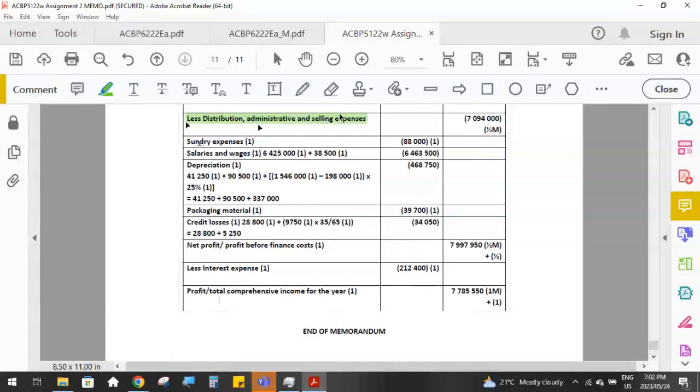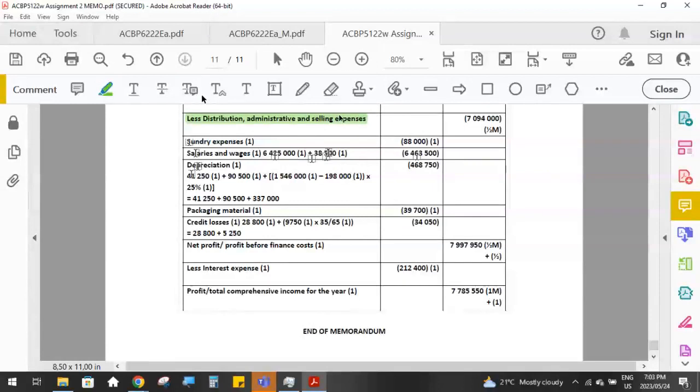And then underneath that, you must list all the expenses. So they gave us sundry expenses, 88,000, that was given. Salaries and wages, we had 6425 on our TB, and we had to add that extra unrecorded salary that we still had to record to give us the new balance.